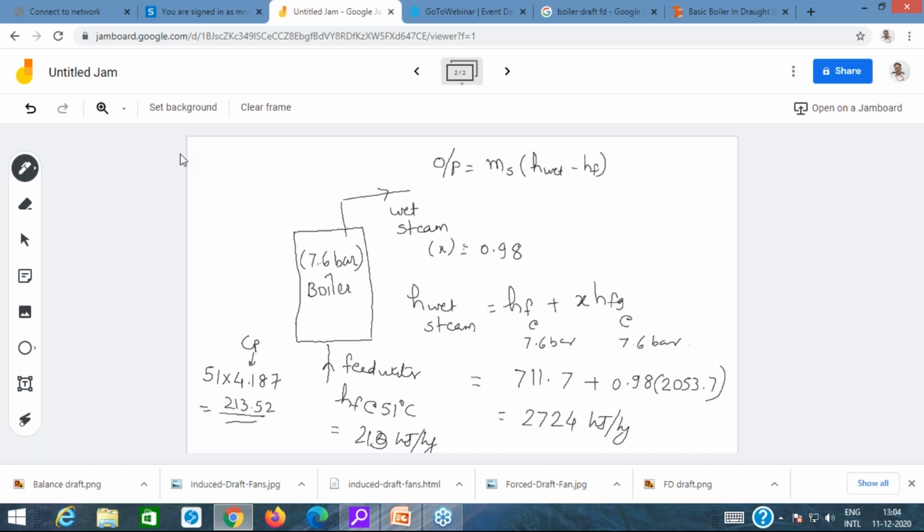So the mass flow rate of the steam is given to be 5,500 kgs per hour.